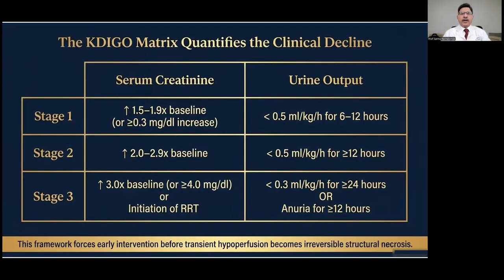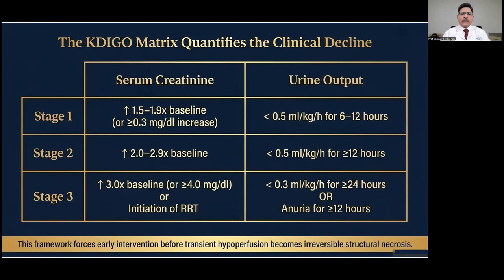Same thing in the KDIGO matrix we have used. The matrix quantification. Stage 1, serum creatinine increase 1.5 to 1.9 times baseline, urine output less than 0.5. Stage 2, 2 to 2.9 times the baseline, less than 0.5 ml for 12 hours.